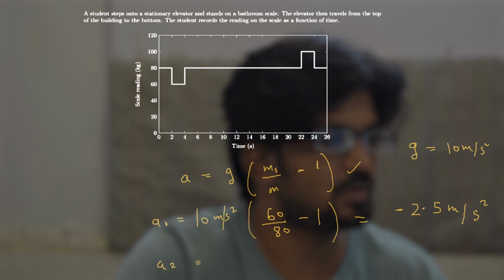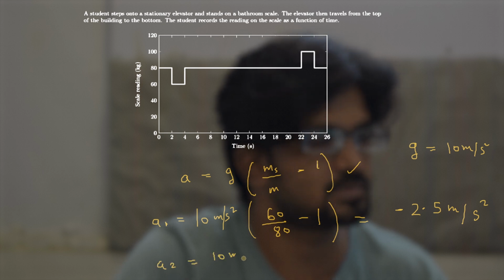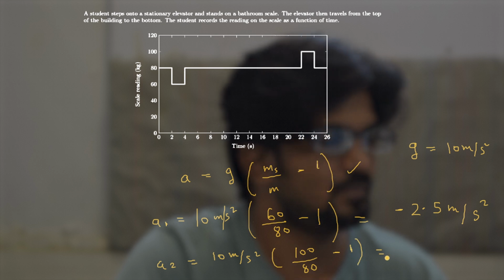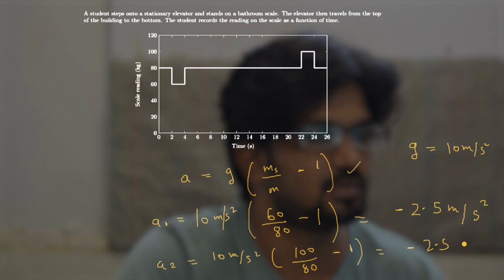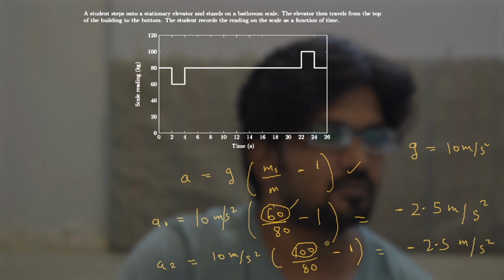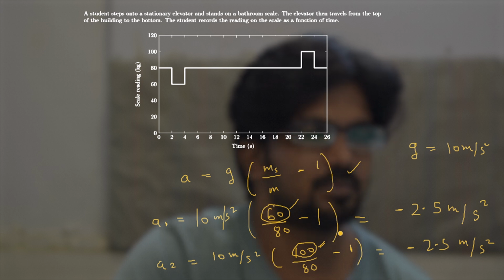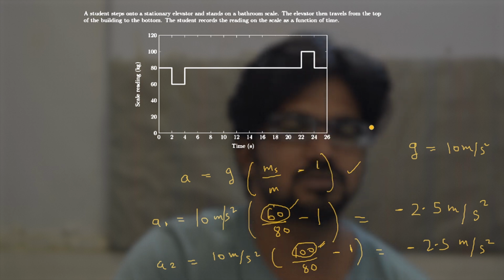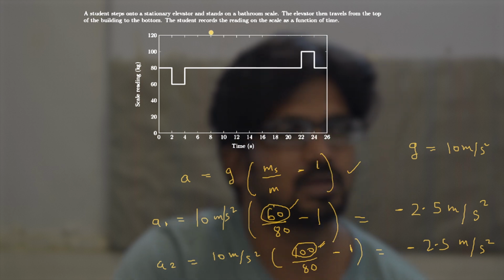And a2 is 10 meters per second squared times 100 by 80 minus 1, which comes out to be 2.5 meters per second squared. These 60 and 100 are the apparent values that we got when the lift was going up and coming down, which we calculated in the last video.